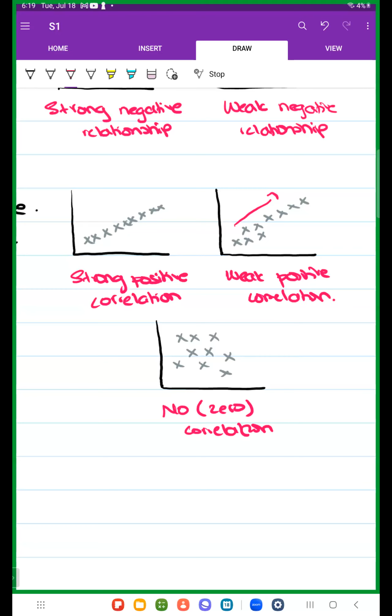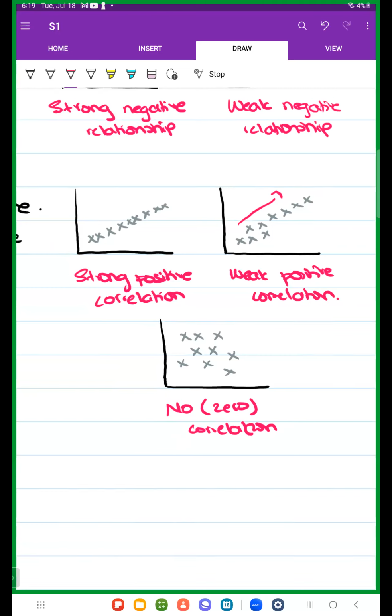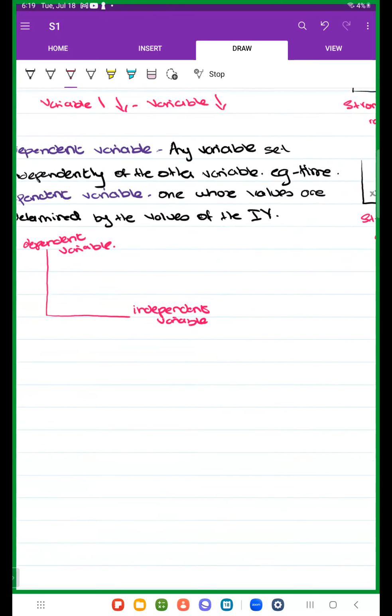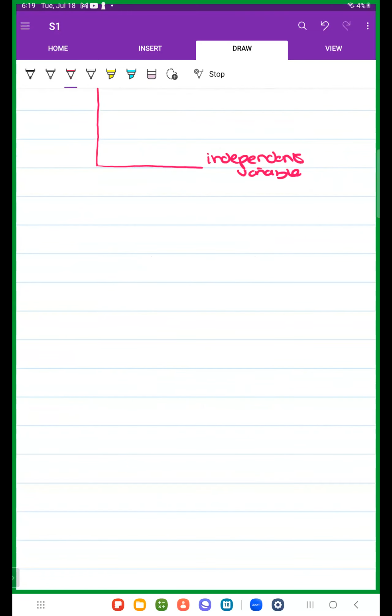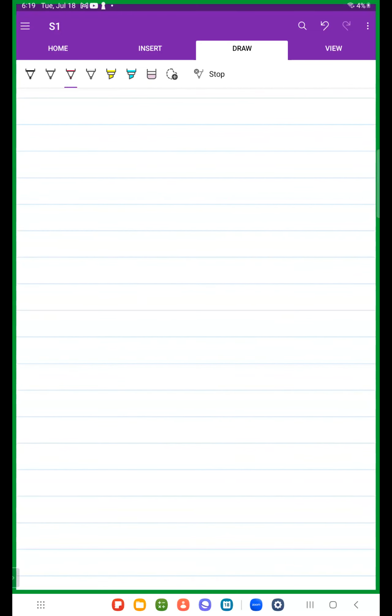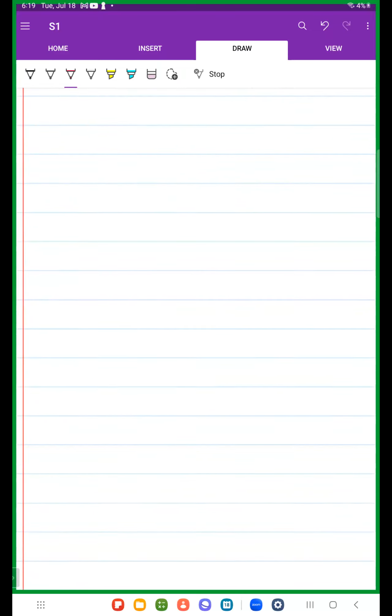Let's do some examples. Now in these questions, they will ask you to determine the relationship between the variables. These are very simple questions. Let's do one of them.